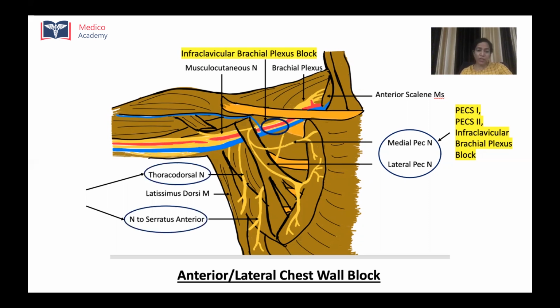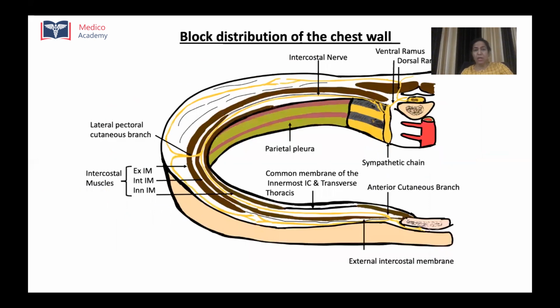For the thoracodorsal nerve, the nerve to serratus anterior and intercostobrachial nerve coverage, we need to give the serratus anterior plane block. For the paravertebral nerve coverage, we need to give a paravertebral block. For the dorsal ramus, we need to do the erector spinae plane block. For the intercostal nerve, one can do the intercostal nerve block.